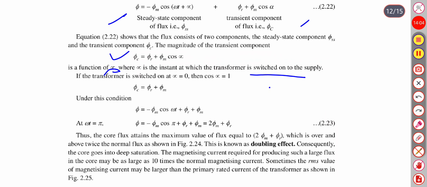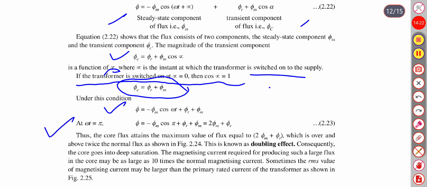If the transformer is switched on at alpha equals 0, then cos alpha is equal to 1, and phi c will be phi r plus phi m. Under this condition, phi equals this, and when omega t equals pi, then phi equals 2 phi m plus phi r. Thus the core flux attains the maximum value of 2 phi m plus phi r, which is over and above twice the normal flux. This is known as the doubling effect.